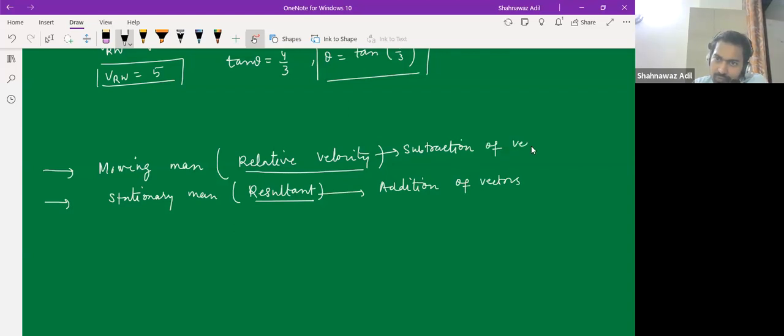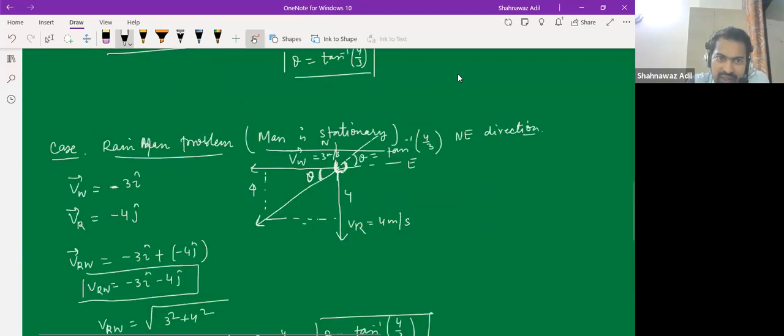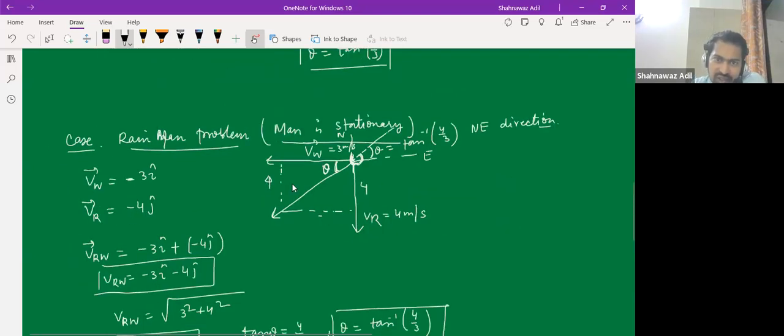In the answer, you can write either theta. You can write this theta or you can write this theta. This theta is making an angle with the east direction.